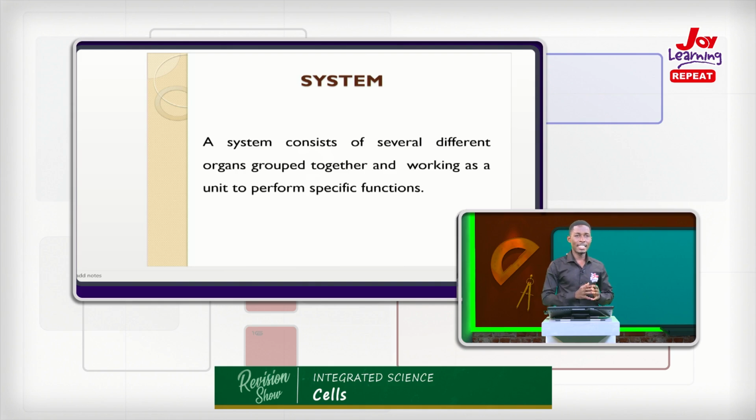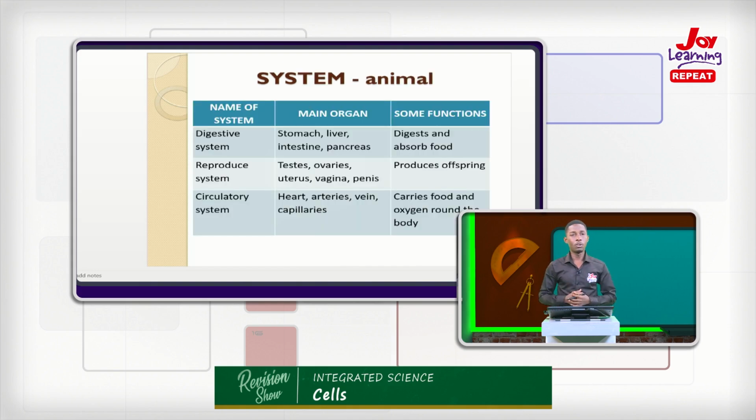So we call it a digestive system. So we say a system consists of different groups of organs that work together as a unit to perform a specific function. On your screen, you have a lot.